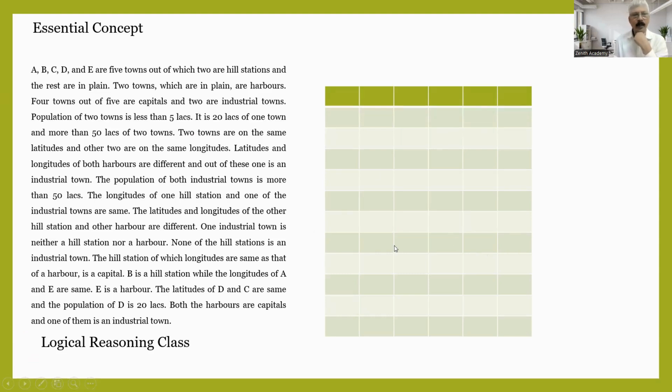Like this. So here A, B, C, D, E are 5 towns. Out of these, 2 are hills, and the rest are in a plain.